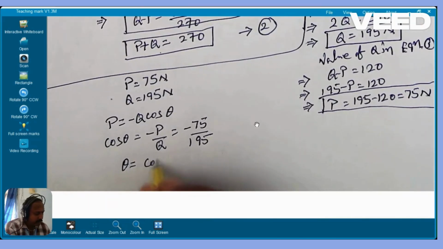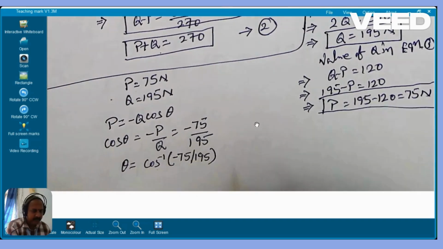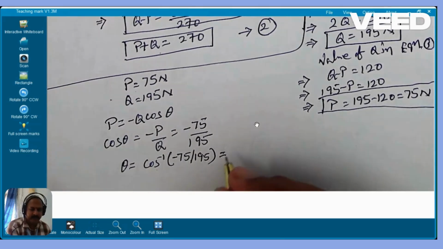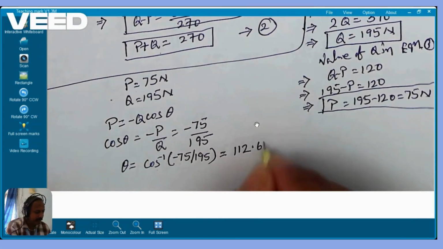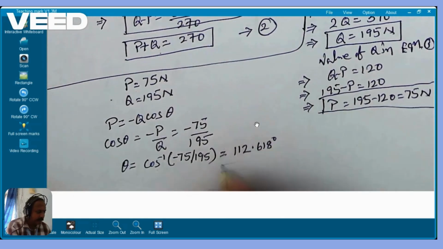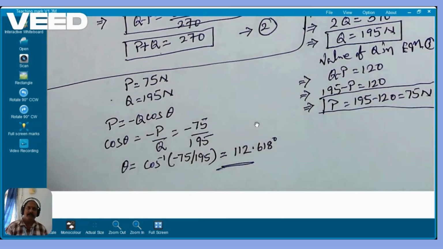So theta is equal to cos inverse minus 75 by 195. Do it in the calculator. Write this exactly as cos inverse minus 75 by 195. So you will be getting 112.618 degree. This is how we will solve this problem.